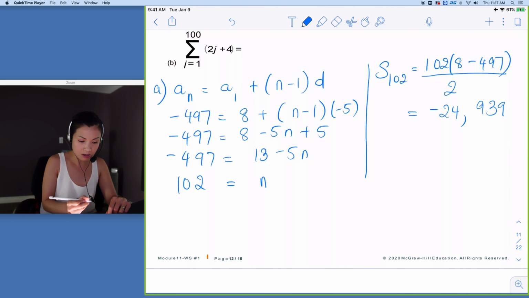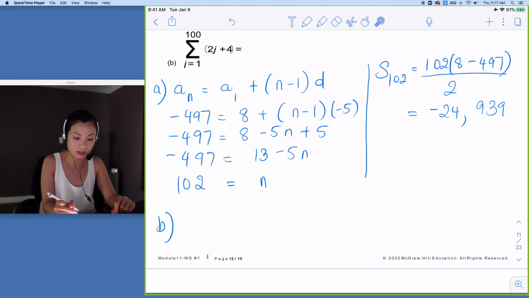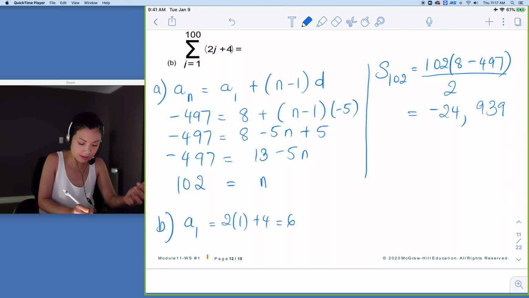For part B, you see that we have n. This is the number of terms, which is 100. We don't have a1 and an, but you can use the formula right here to get an and a1. So a1 is going to be 2 times 1 plus 4. So that's 6.